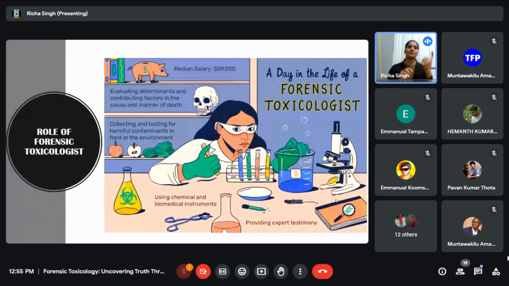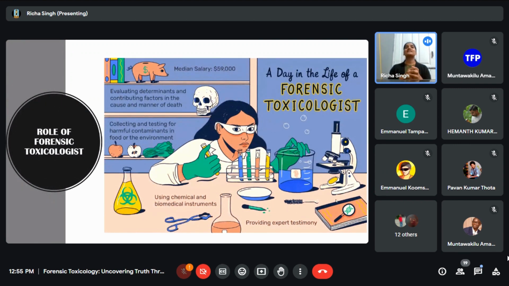That you will be doing by the sample analysis part that we just discussed. You'll do the extraction of the visceral sample, then you'll do the screening test or the presumptive test, and then you do the confirmatory test, and then you will be giving a report that so and so poison is present in the visceral sample that you have been given.